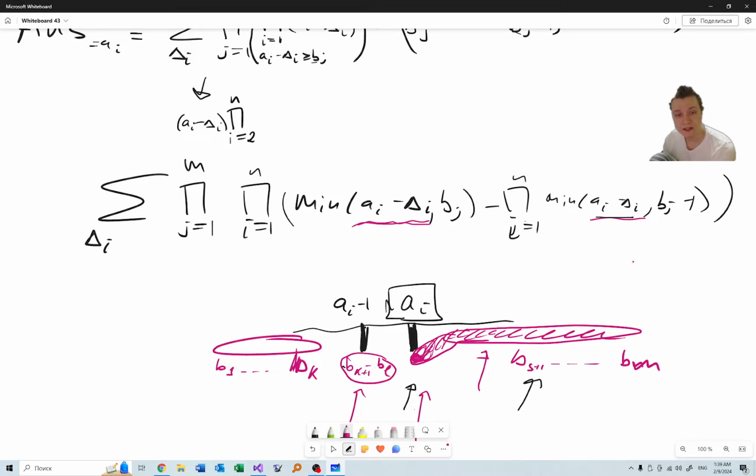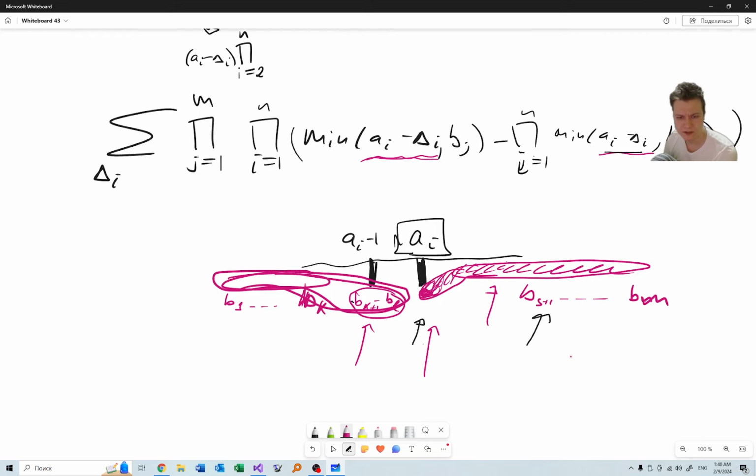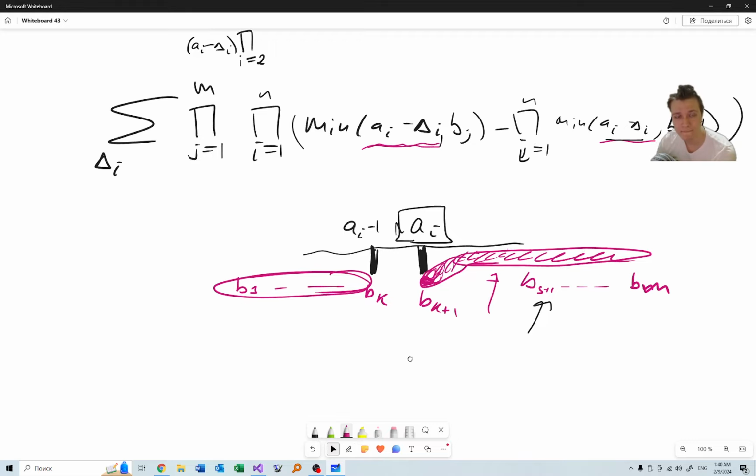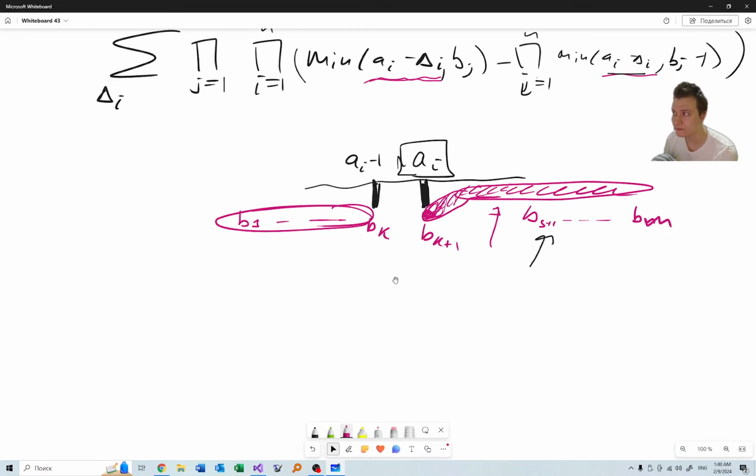Okay, however, there are also these numbers b1, etc. bk, let's call it. So here we have b1, etc. bk, and here we have bk plus 1, etc. bm. Yes, so if we do it, then we have the sum over delta i's.